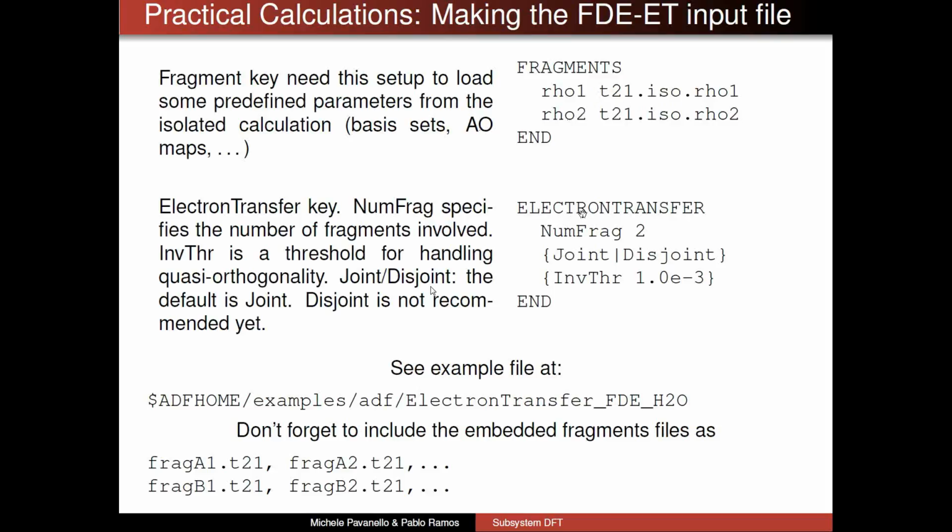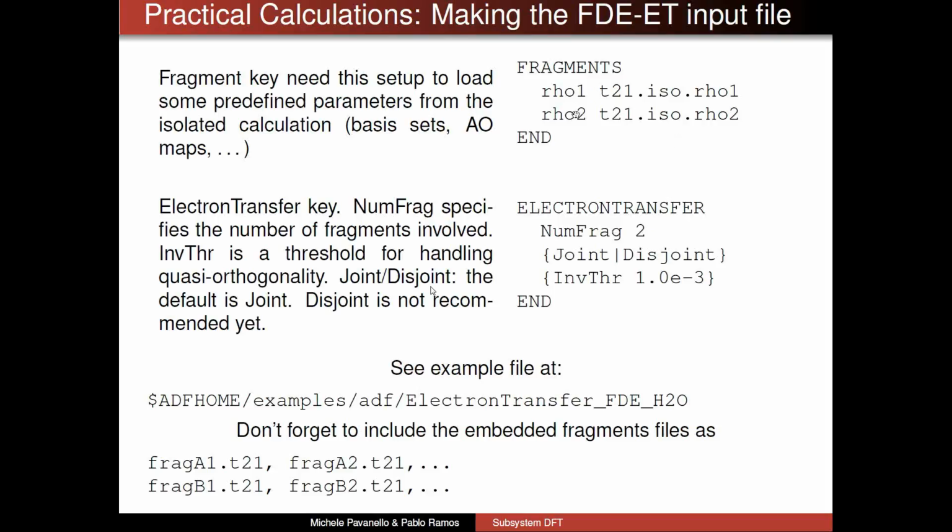Then the electron transfer block key. There are several options for it, but really you should consider only three options. The very first one is very important. You have to put in the number of fragments that you are considering in your calculation. If you only have two fragments, which you almost always will, then you put the number 2 here, numFrag 2.